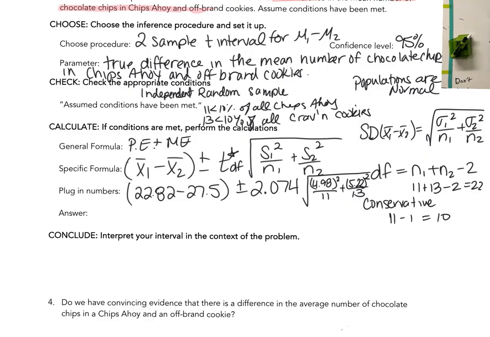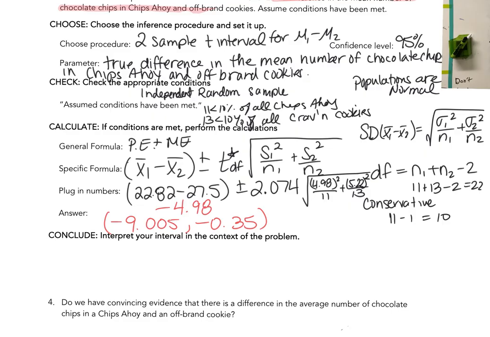And I can plug that whole thing in the calculator, just the way it is, putting parentheses around the 22.82 and 27.5, or you can actually just subtract that ahead of time and do 4.98, which was at the beginning of the paper. It's up at the top. So then I get an interval of negative 9.005 and negative 0.35.